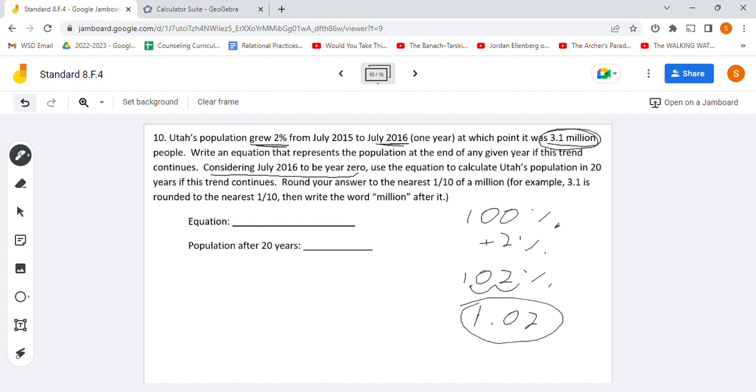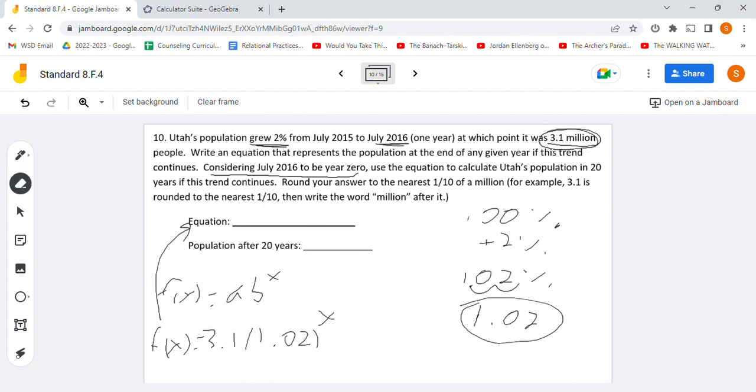So when we have our equation, f of x equals a times b to the x, we now have our starting value, 3.1 million, which we'll write as 3.1, and 1.02 is our multiple, and our power of x stays there. So that would be our equation. That's what we're going to write here. And then we plug in some values to figure out how much it's going to be after 20 years.